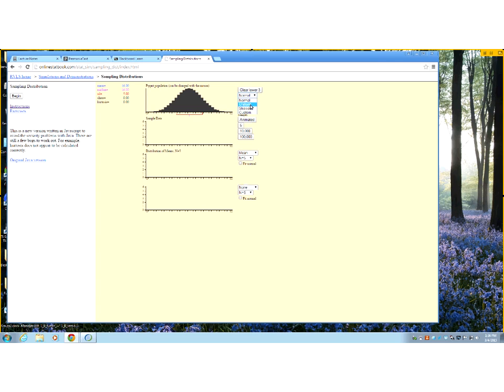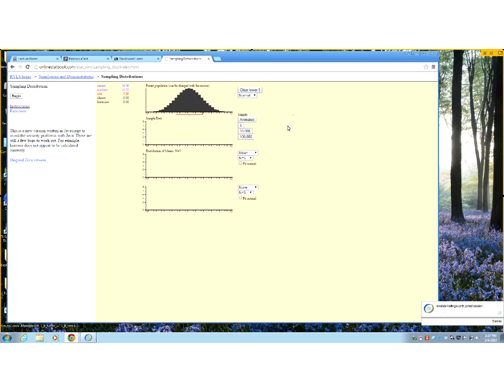It's not always normal, because you really don't know what your population looks like. You don't know what's happening in your population. That's what you're trying to find out with samples. By obtaining samples, you're trying to understand what's happening in your population, but we wouldn't know anything about our population to begin with. So we're going to start off assuming that our population is normally distributed.